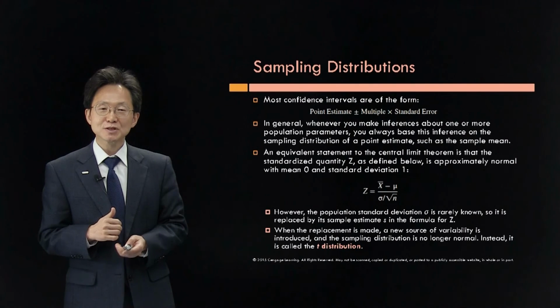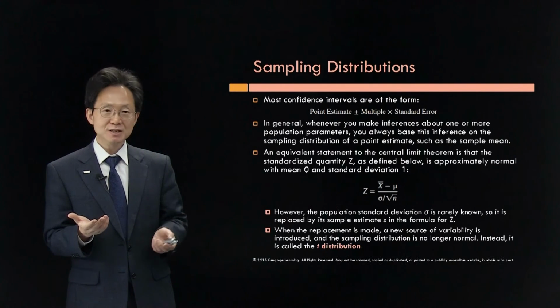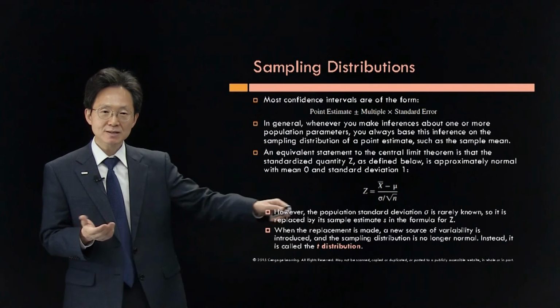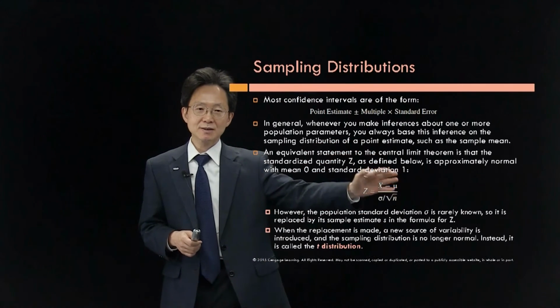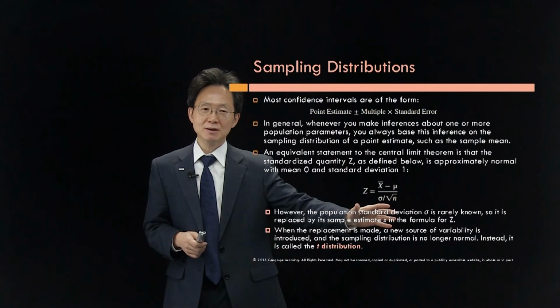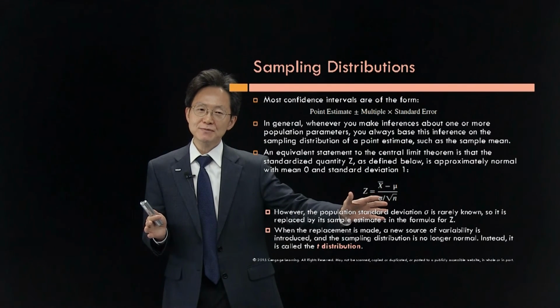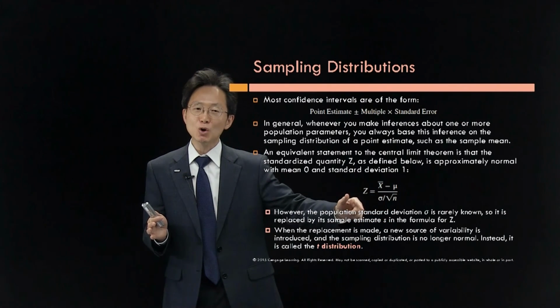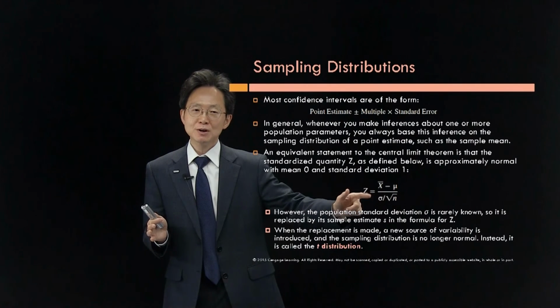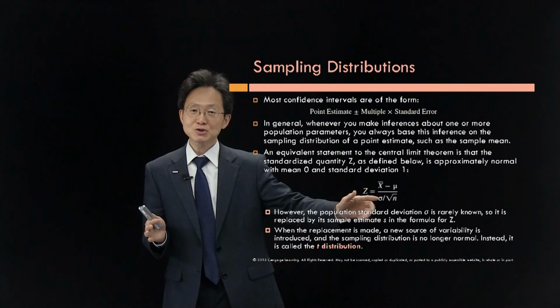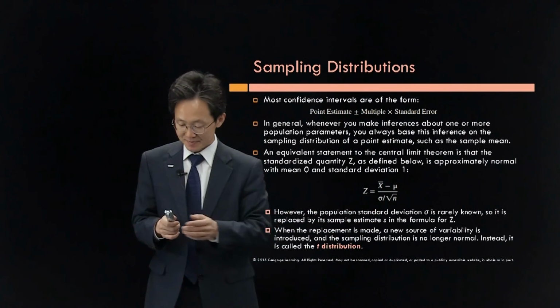And the z-value here, as you can see, this is the z-value, right? The z-value is assumed if we already know the true population standard deviation, right?